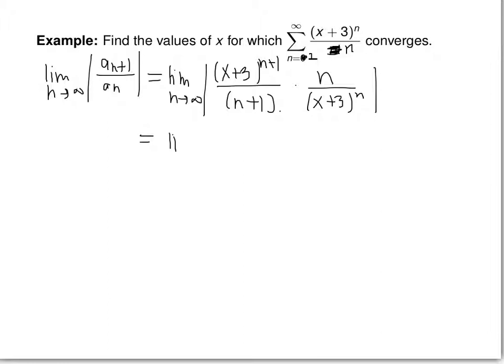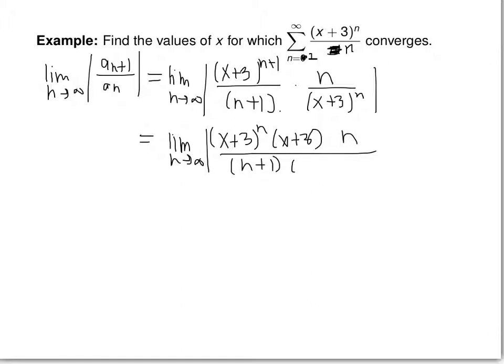Now, x plus 3 to the n plus first is the same thing as x plus 3 to the n multiplied by x plus 3, and then times n over n plus 1 and x plus 3 to the n.